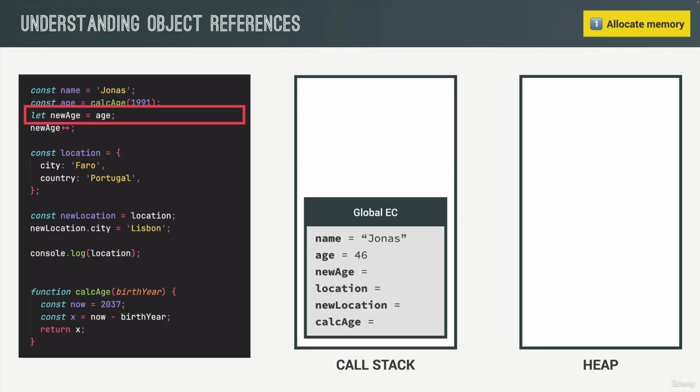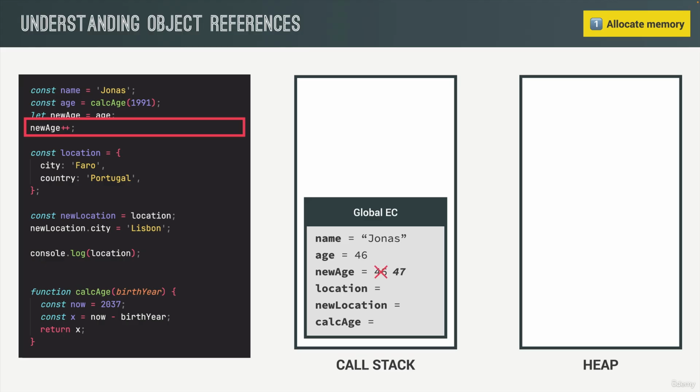Next, we declare yet another variable, this one called newAge, which is simply set to the same value as age. So the value of 46 will also get stored in the stack as newAge here. Then in the next line, we increase the value of newAge by 1, making it 47.